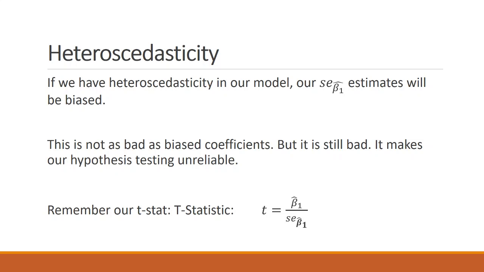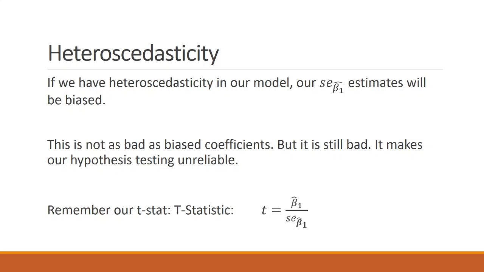If we think back to our multicollinearity lecture last time, what we found was that multicollinearity caused a problem for our hypothesis testing. Heteroskedasticity is also going to cause a problem for our hypothesis testing. Because if the homoskedasticity assumption does not hold, that means if we have heteroskedasticity, then that is going to affect the variance of our coefficient estimate.